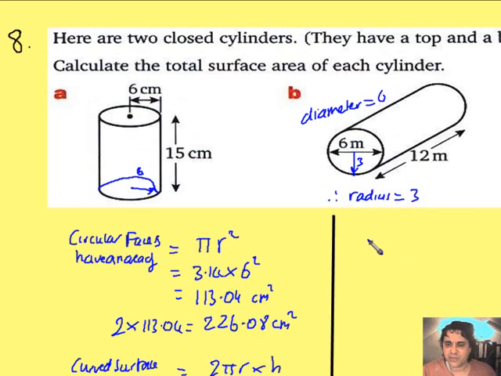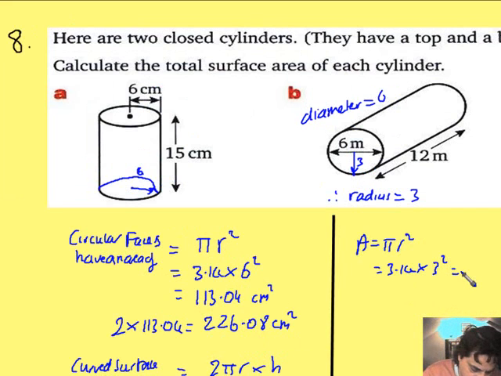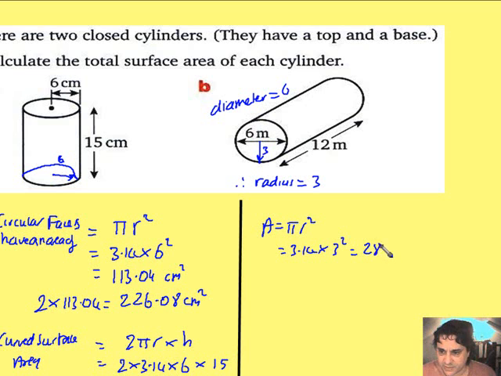Let's just do the circular faces. So, area equals pi r squared, which means 3.14 times 3 squared, which gives me 3.14 times 9, 28.26, and it's meters squared this time.